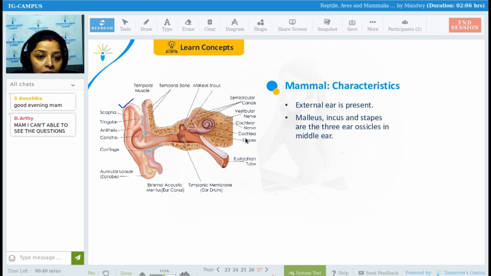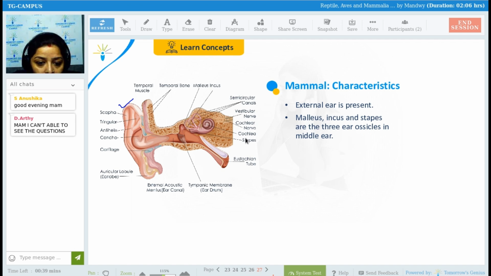In mammals, they are having three parts of ears: external, middle, and internal or inner. In aves and reptiles, they don't have external, but they are having inner ears.